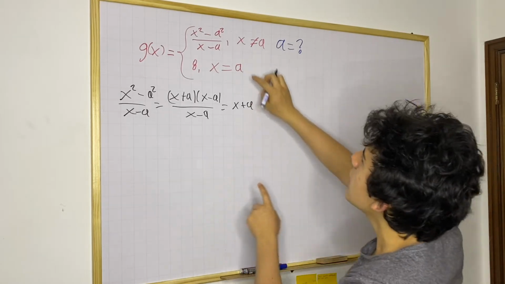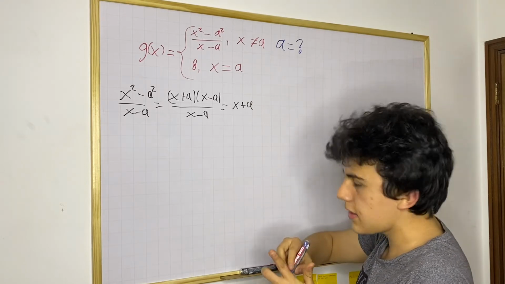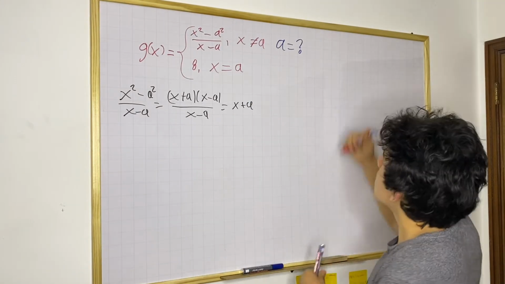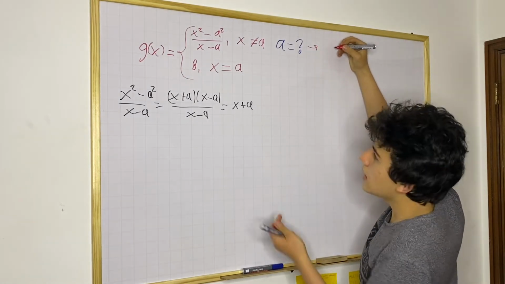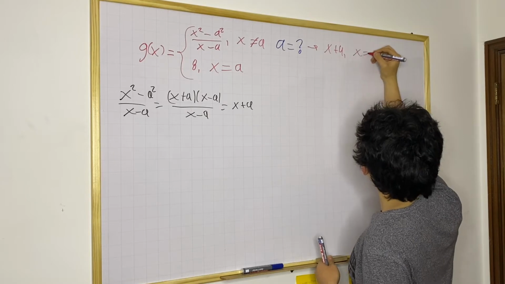Now, we can simplify this piece that we have here by x plus a. So in that function we have x plus a when x is different than a.